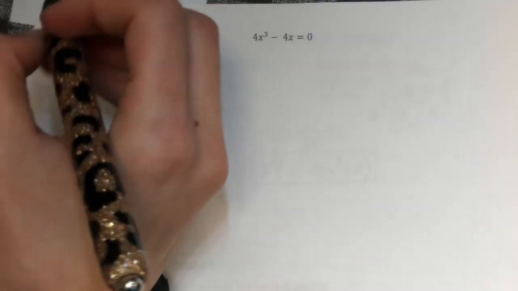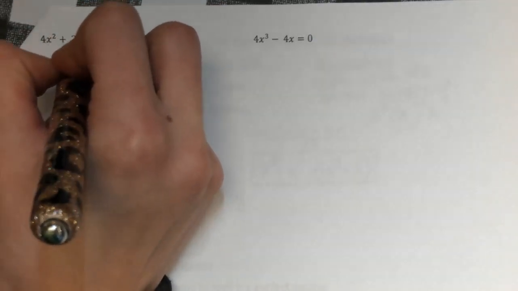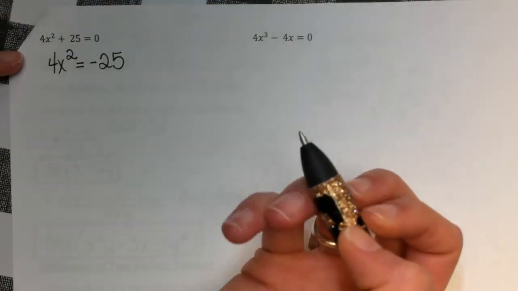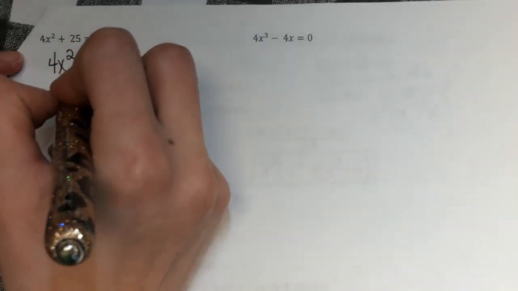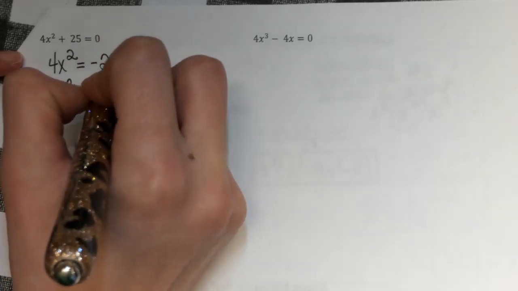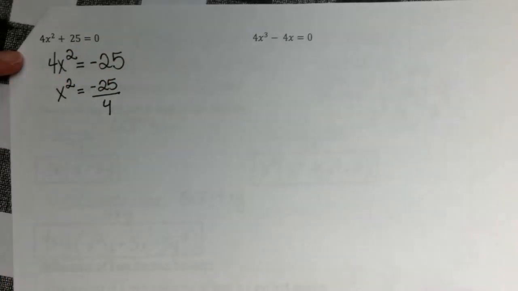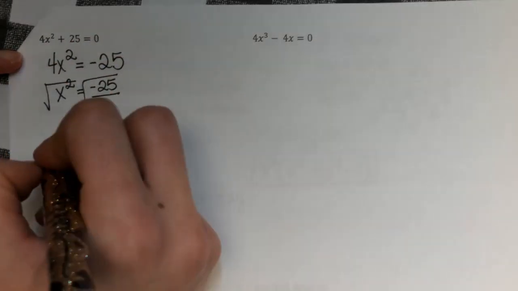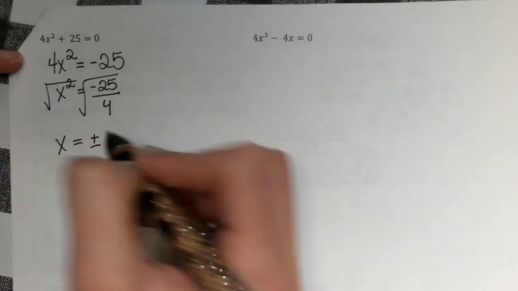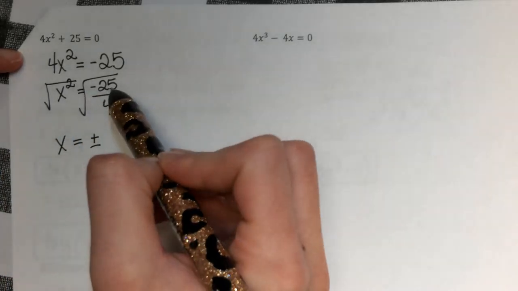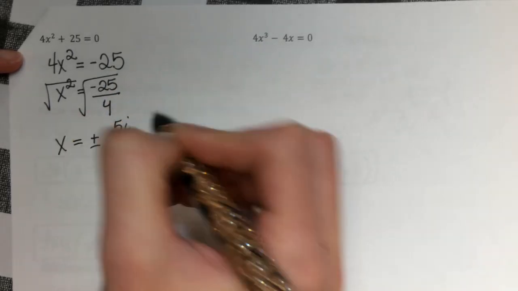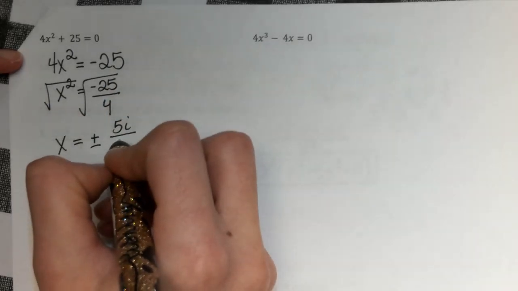You subtract your 25, 4x squared equals negative 25. Divide by 4, x squared equals negative 25 over 4. Then I can take the square root. X equals plus or minus the square root of negative 25, which is going to give me 5i, over the square root of 4, which is 2.